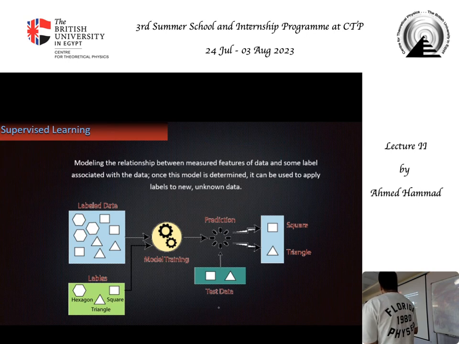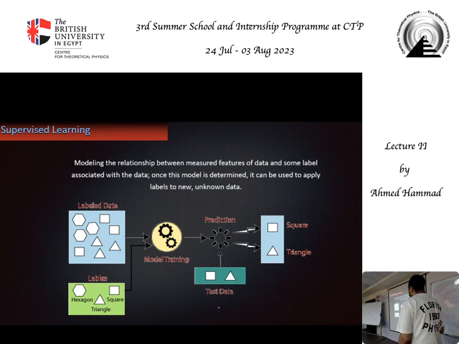Every time I give the square to the machine, I tell it that this one is a square, so the machine learns that the square has 4 equal edges.